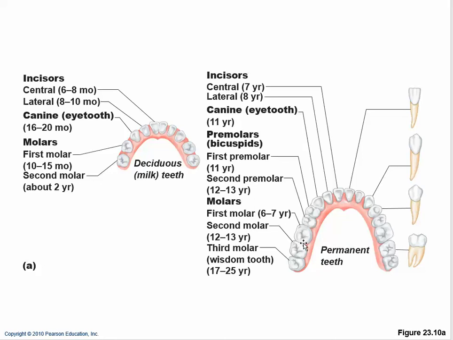So 2 premolars and 3 molars. That makes 8, 16, 32. We number them left and right, lower and upper.